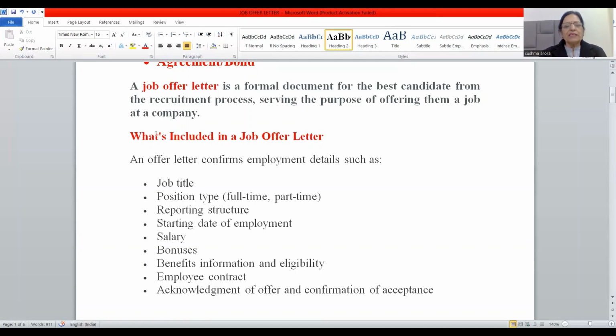So that will be the starting date of employment. Then what will be the salary, bonuses, benefits, information, and eligibility? So what all benefits the company will give you, and who is eligible to avail of those benefits? And then the employer contact number is given, and then acknowledgement of offer and confirmation of acceptance.